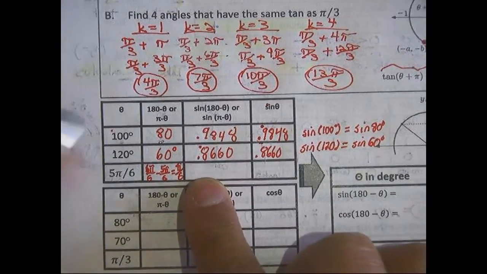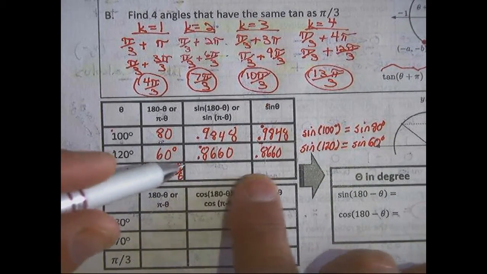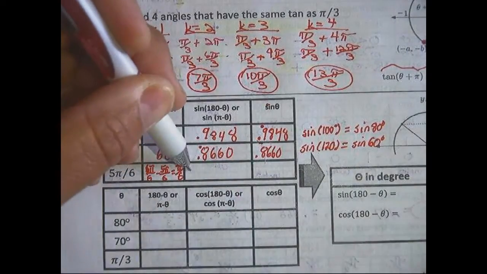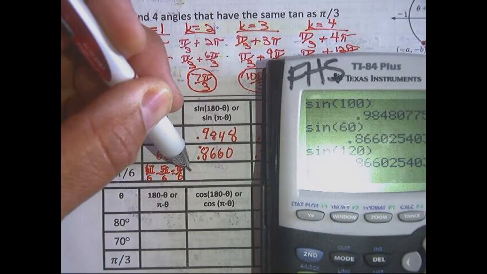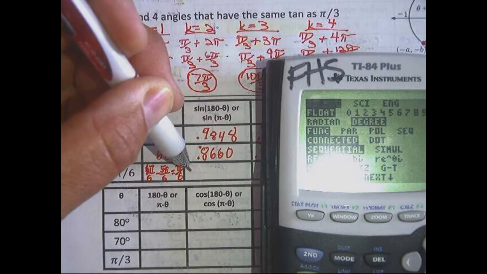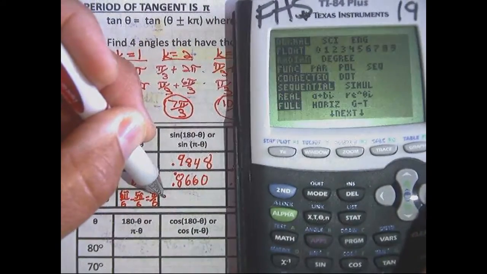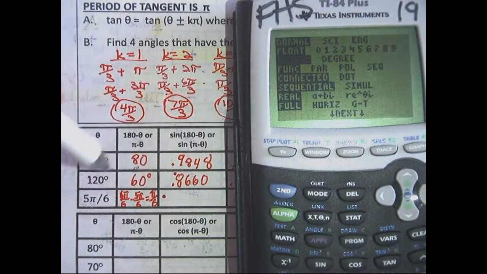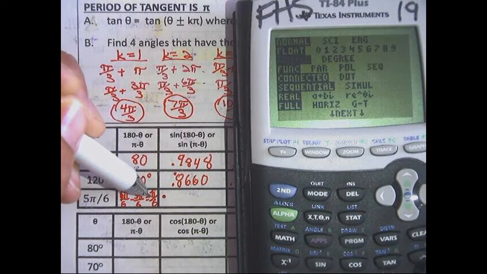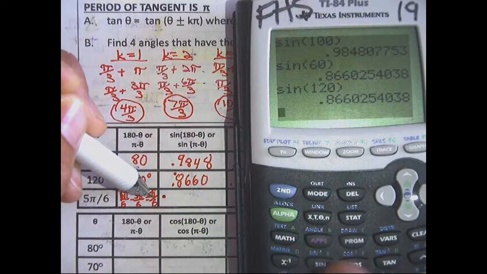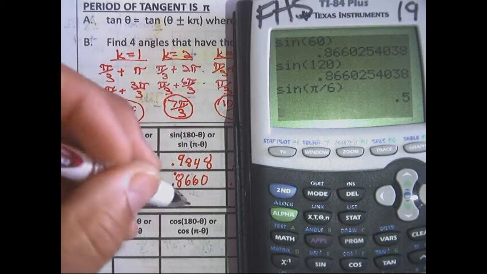Now if you did 5 pi over 6 and pi over 6, if we switch to radians, these are going to be the same thing. So I'm going to go mode, switch to radians. Do the sine of pi over 6. Sine pi divided by 6 is a half.